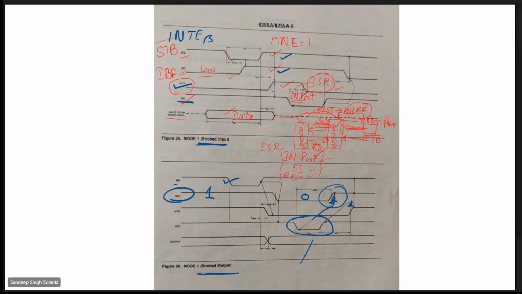Okay, now we are going for the reverse of it. Reverse means the strobed output. Strobed output means we are going to write the data on the port for the peripheral device, for the peripheral device to read it. That is the process we are going to start with. Now the question is how it is going to be started.